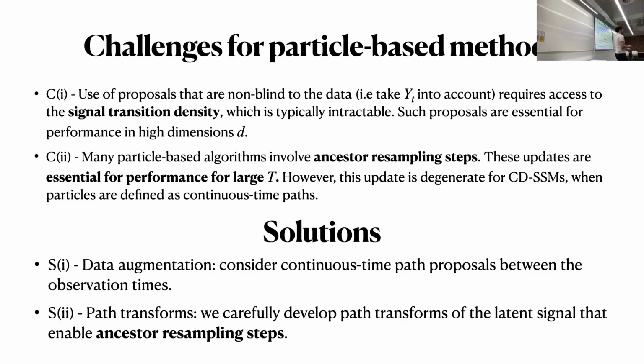And these are very well known theoretically and empirically to improve performance of particle-based methods for large capital T, i.e. the length of the data. However, these updates are degenerate for this class of models when the particles are defined as continuous time paths. And really the main thrust and contribution of this work is that we carefully define path transforms of the latent signal that break this degeneracy and enable us to update the particle ancestors.